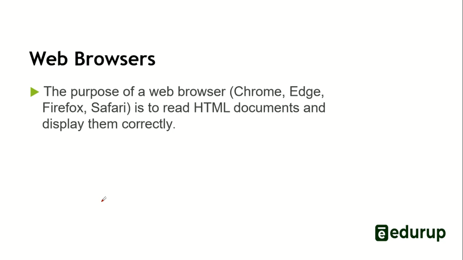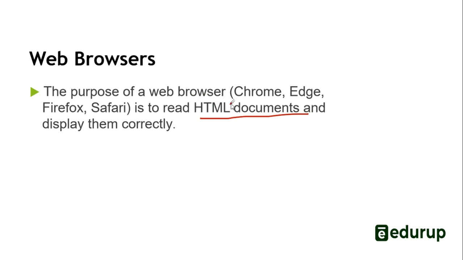These are the best examples of web browsers. What is the purpose of a web browser? The purpose of a web browser is to read HTML documents and display them correctly. That is the main purpose of a web browser.